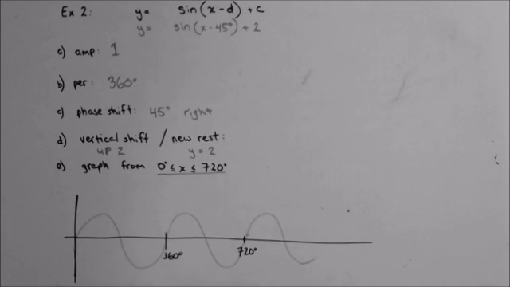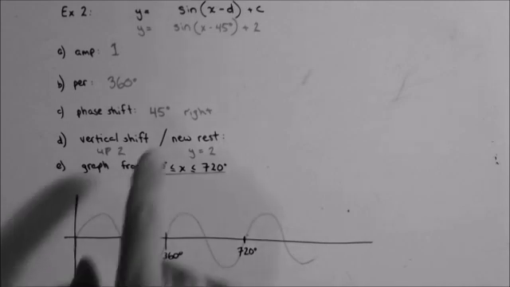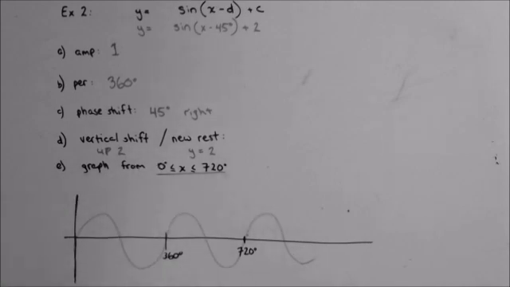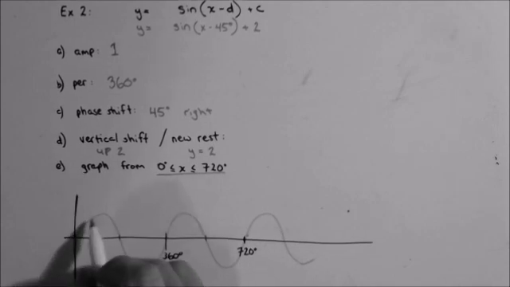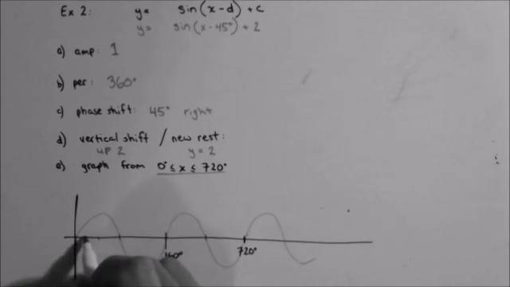We need to shift this 45 degrees to the right. Let's look at what that would look like. Basically, if this is 360, then this is 180, 270, 180, this would be 90. So it would be easier if it was a shift of 90 to start us off, but we've got a shift of 45.